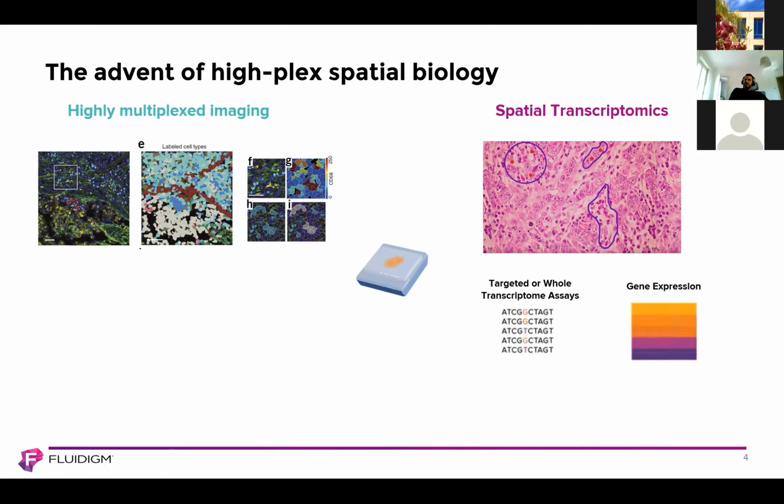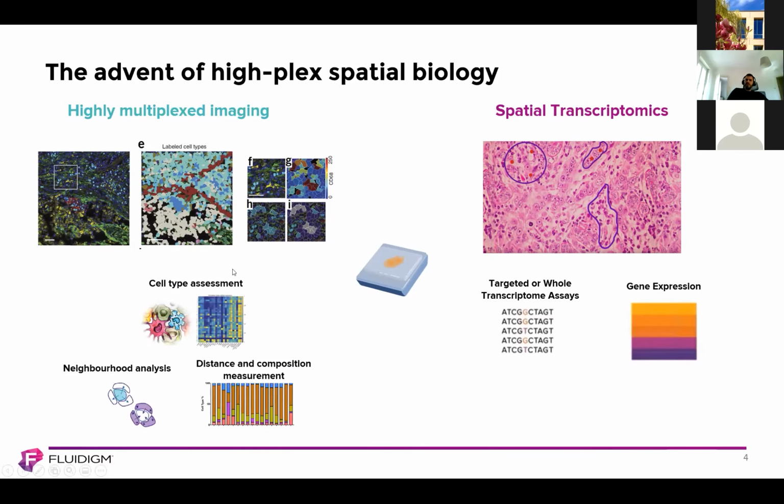But the big advantage of incorporating highly multiplexed imaging assays within the spatial biology realm is to be able to really easily, and I think also very efficiently, identify which cell types are present within any type of tissue section.